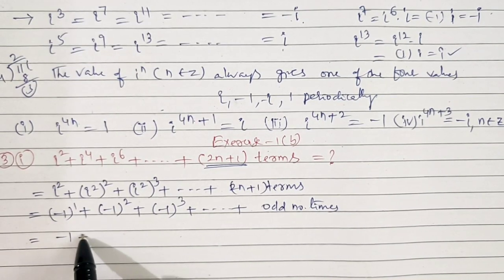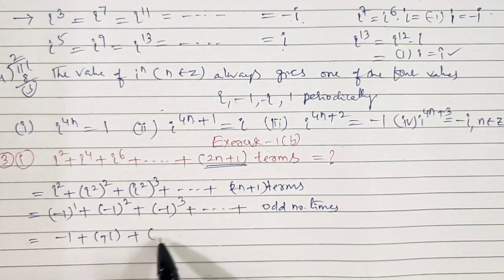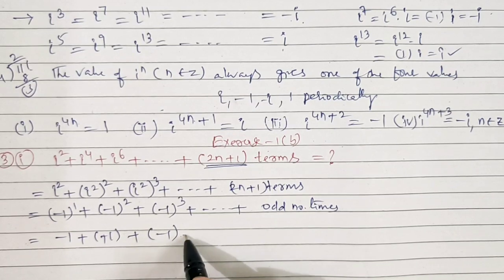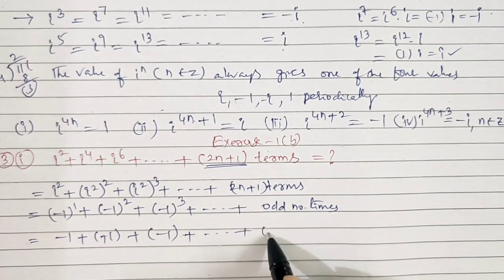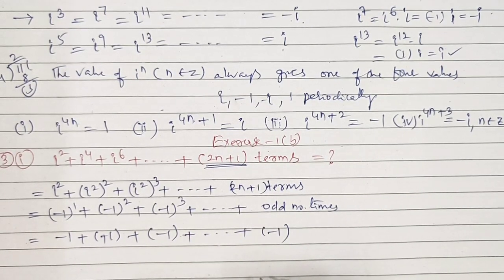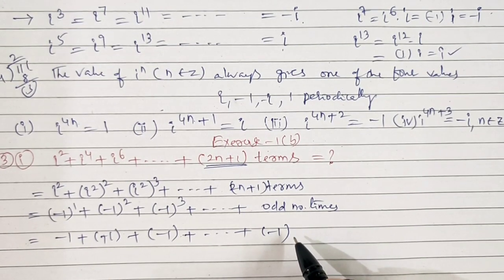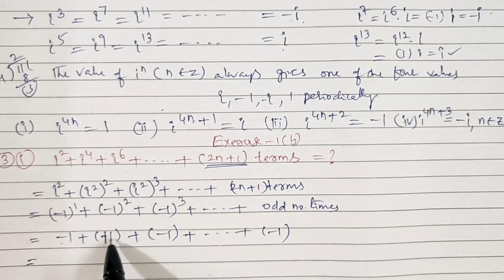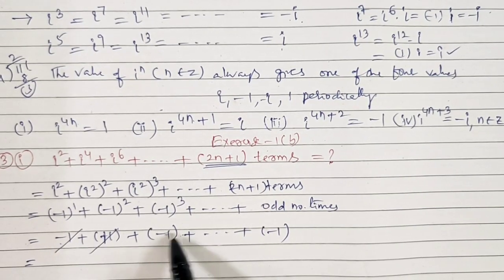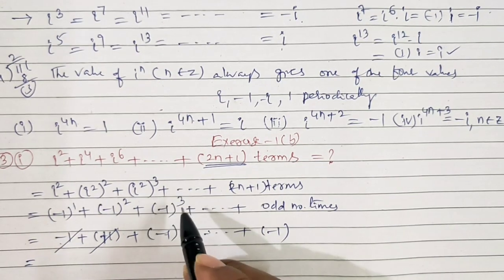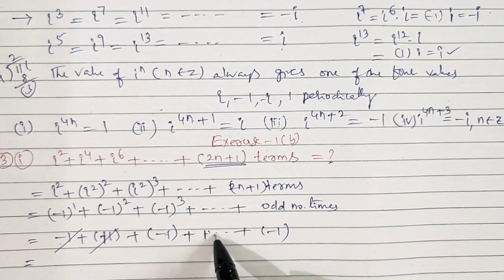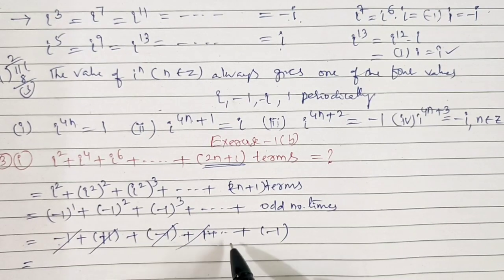So minus 1 plus minus 1 whole square means we get plus 1 here, plus minus 1 whole cube means, I am sorry, odd power, so we get minus 1, so on, plus minus 1. So for an odd number of terms, we get here minus 1. So minus 1 plus 1 cancel. Again minus 1, and if I take i power 8 we get plus 1, so these two get cancelled like this.